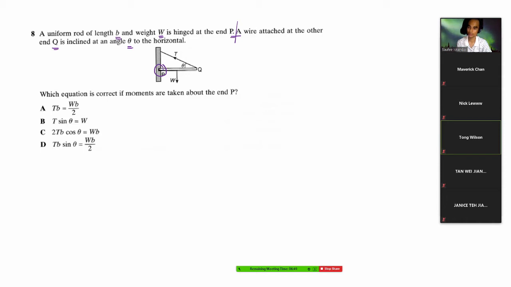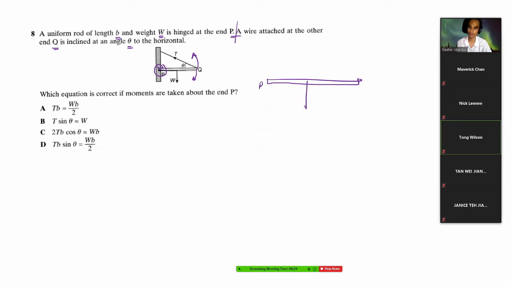This rod P to Q can move up and also move down, so the axis of rotation is at P.